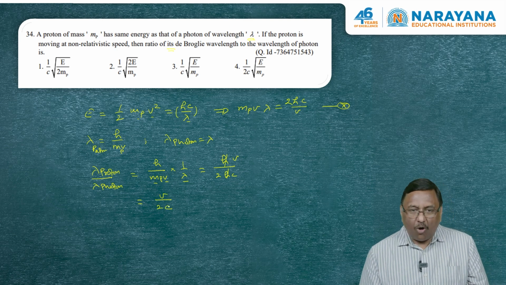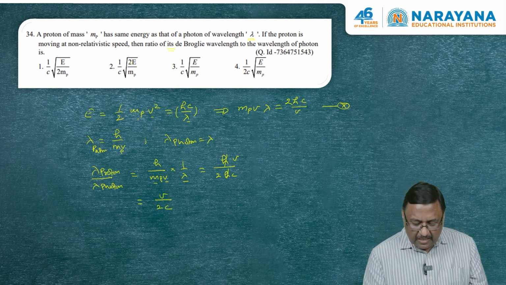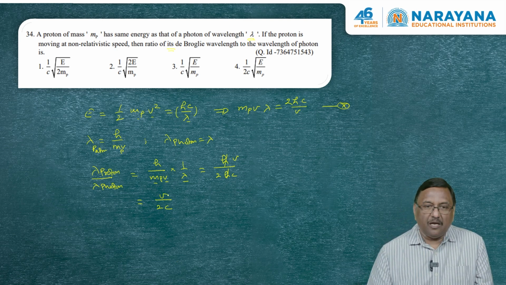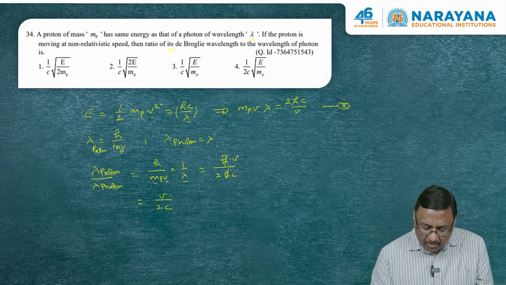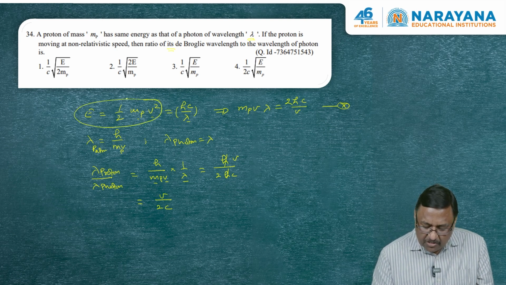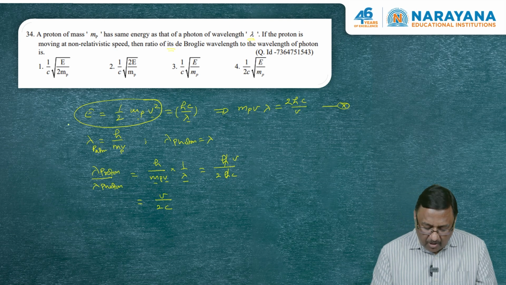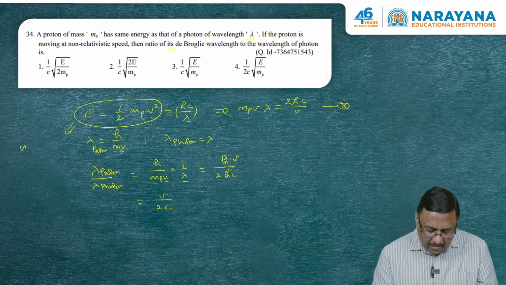But if you see the options, they give E and mass relations, but v is not there. That means we are forced to express the velocity in terms of E and the mass. We see the relation E is equal to half of mass of the proton into velocity square, so v is the square root of 2 times E divided by mass of the proton.